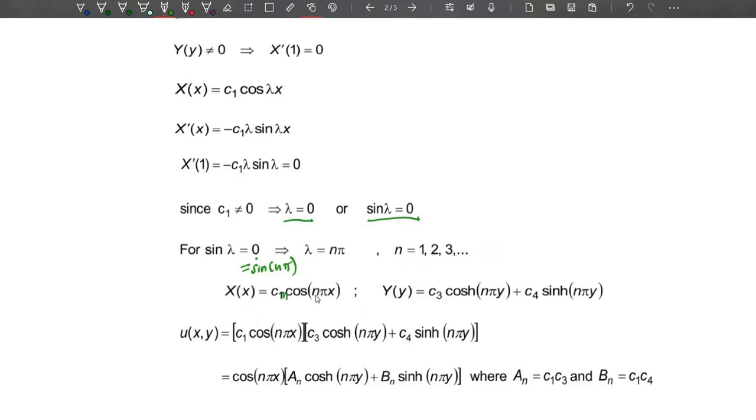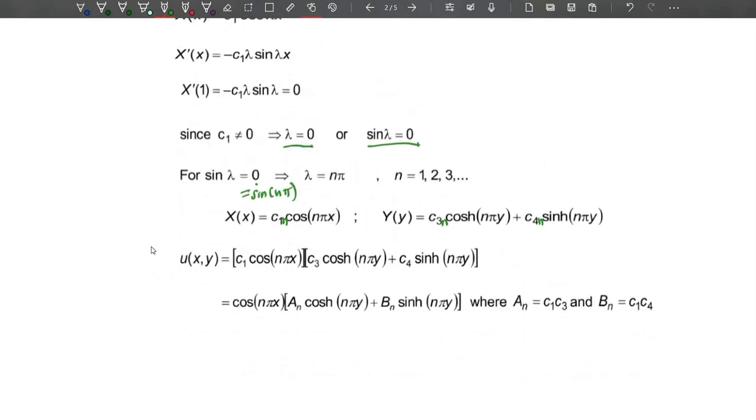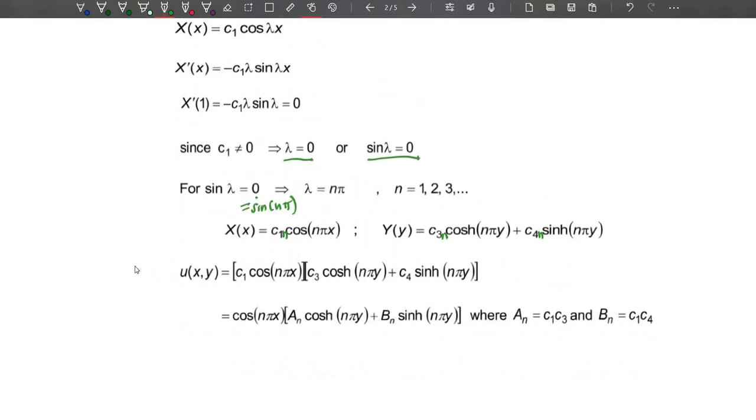Then X of x here will be C1n, because this one has been in terms of n, and here C3n, C4n. And we can conclude at the time being, U of x, y is equal to C1n cos n pi x, the X of x multiplied with the Y of y. That means here should be n, everywhere here. Remember to substitute lambda equal to n pi.